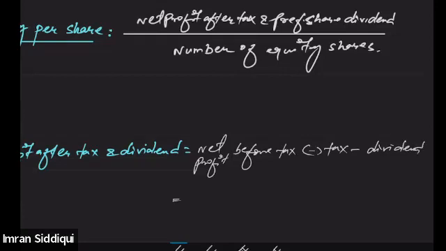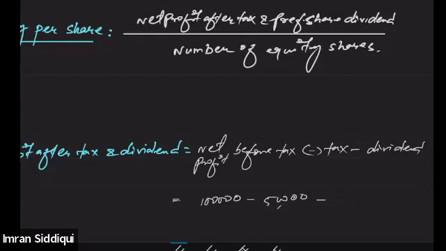So net profit is already there, 1 lakh. Amount of tax is 50% of the net profit. If the net profit is 1 lakh, the 50% tax will be how much? 50,000, right? So 50,000 needs to be subtracted. Further, we will subtract the amount of dividend. If you look closely in the question, the preference share capital is 10% preference share capital of 10 each, 1 lakh.